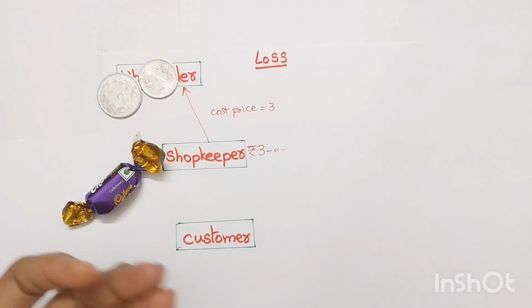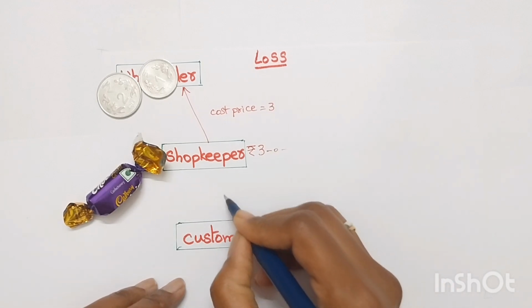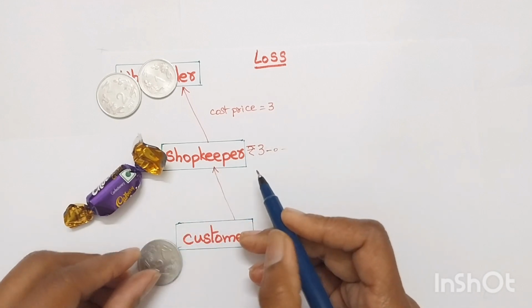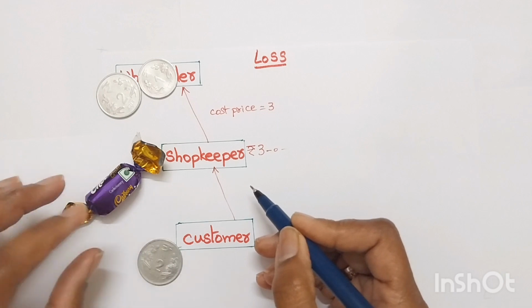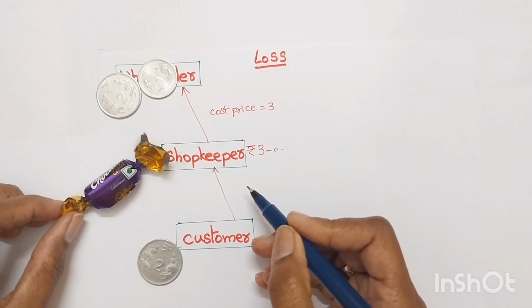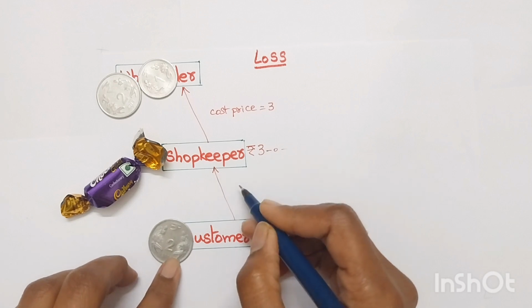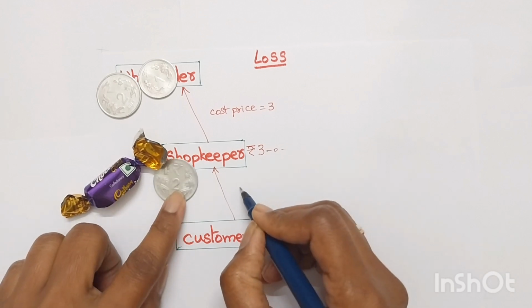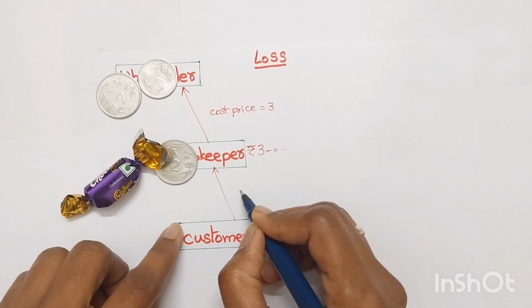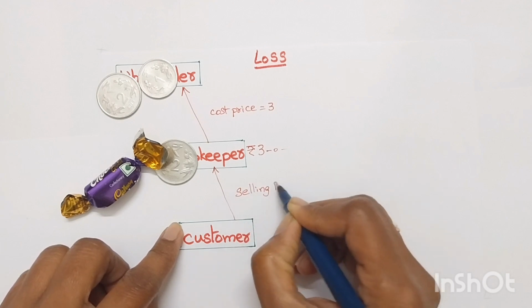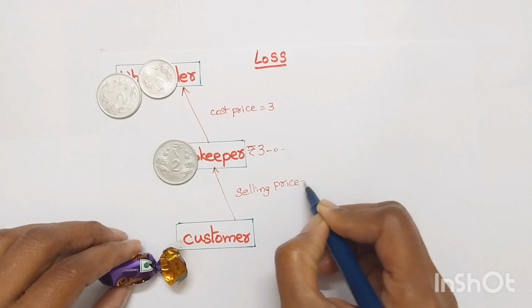One customer came to the shopkeeper, and as he was in a hurry to sell, he decided to sell this chocolate to the customer for 2 rupees only. So selling price equals 2.